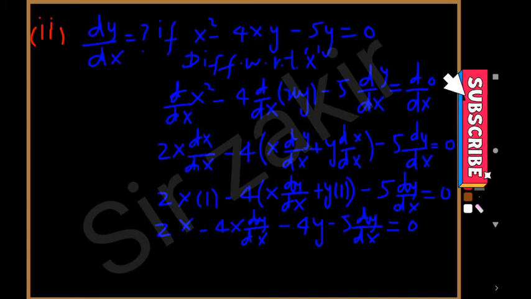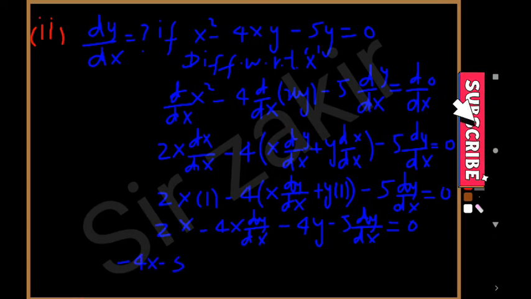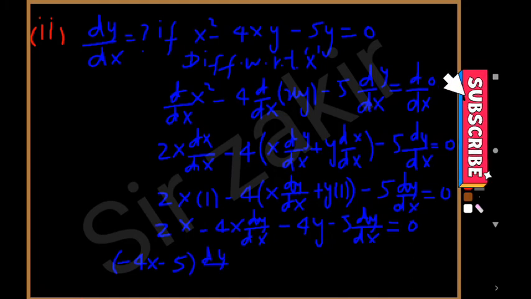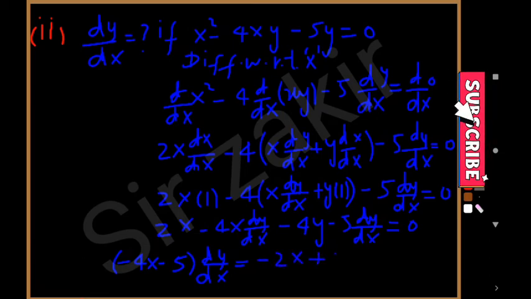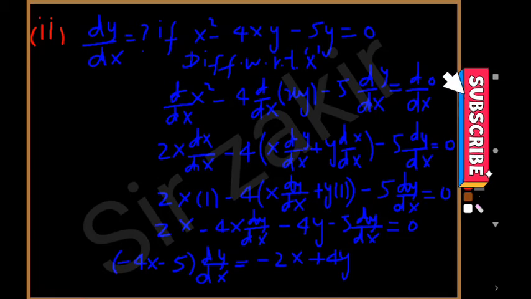Then if we take dy by dx common, then we have minus 4x minus 5 with dy by dx common. On the other side we have minus 2x plus 4y. 4y from left side, if it's shifted on right hand side, will be added.